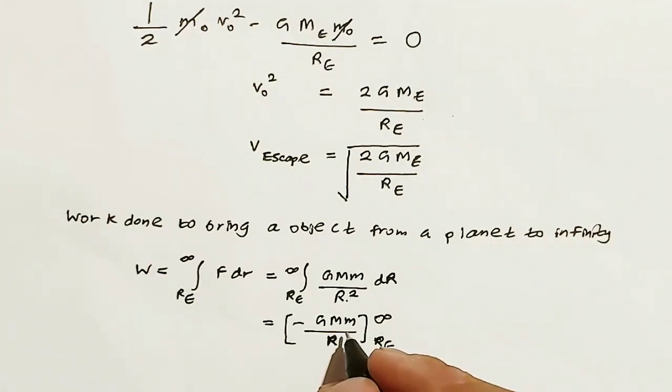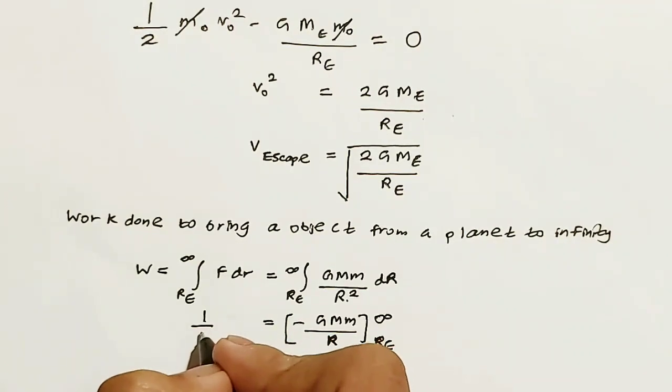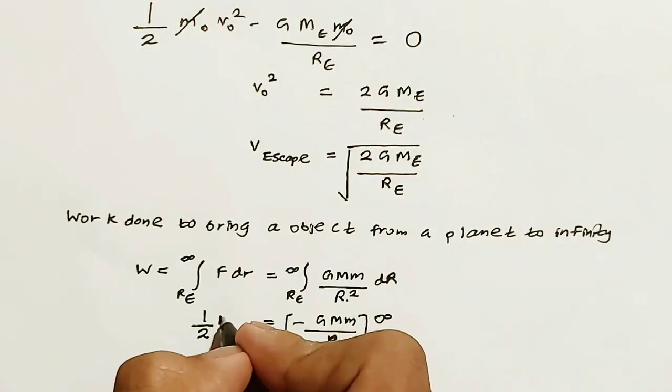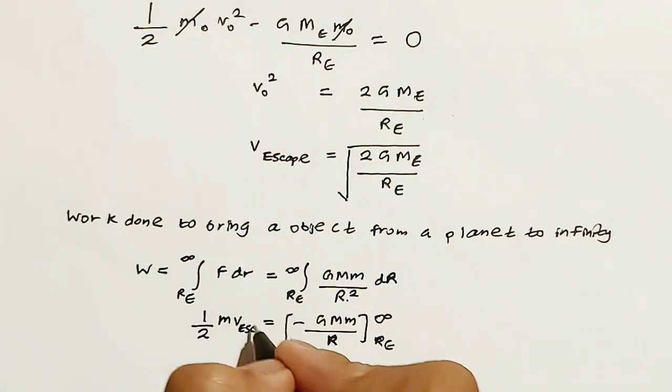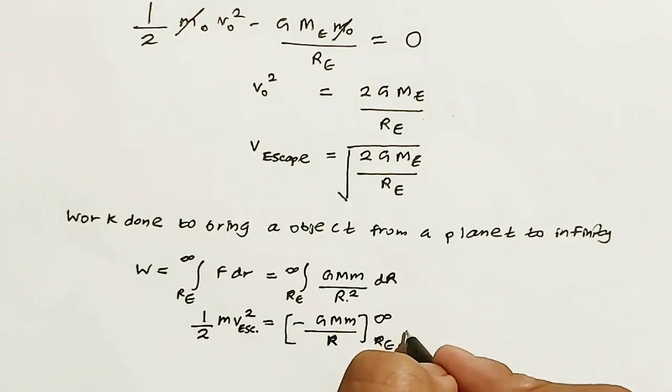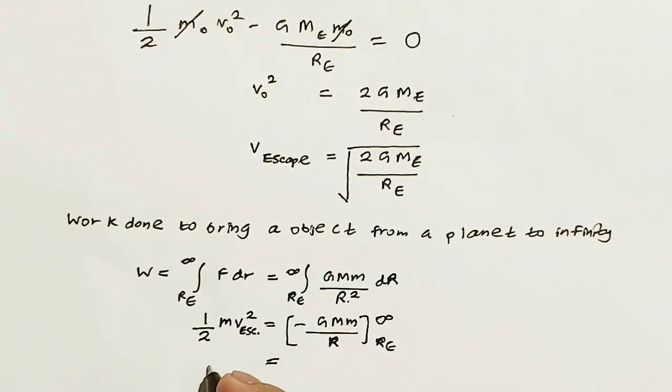Now the solution we obtained through this is the work done. This work done is equal to the kinetic energy this object possesses to escape the planet Earth. So this is the escape velocity. We can simplify this further: the escape velocity is equal to the square root of 2 times G times M divided by R_E.